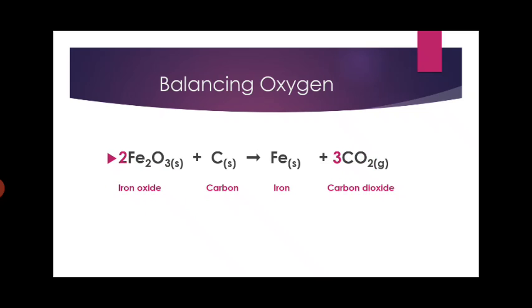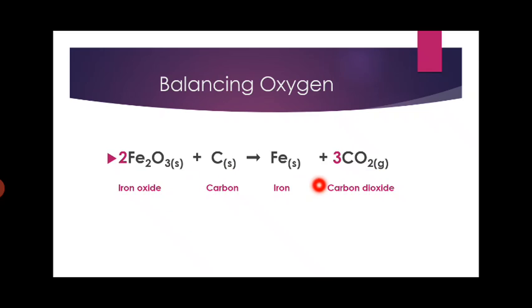Now it becomes 2 into 3 makes 6 and 3 into 2 makes 6. Again we have to count the number of atoms on each side. Now we have 4 iron on the reactant side and 1 iron on the product side. 6 oxygen on the reactant side and 6 oxygen on the product side. 1 carbon on the reactant side and 3 carbon on the product side.